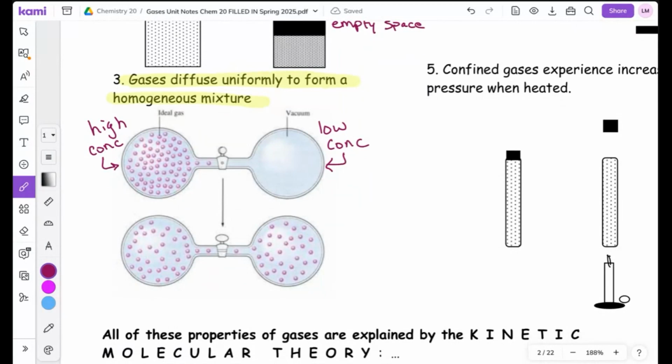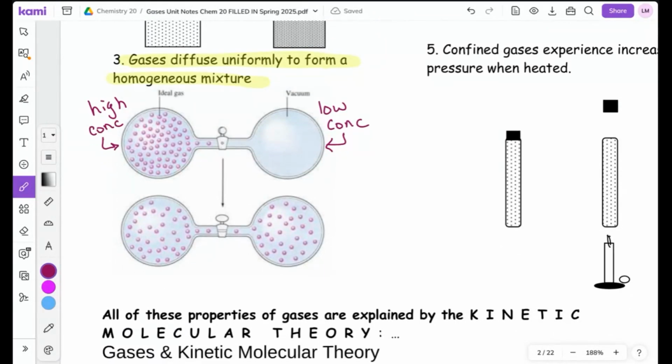Now if we turn this valve here so that we can have the gas move from a high concentration to a low concentration, eventually in both sections of this container, we get a relatively even mix or even distribution of gas molecules, and that's just what they mean by homogeneous mixture.